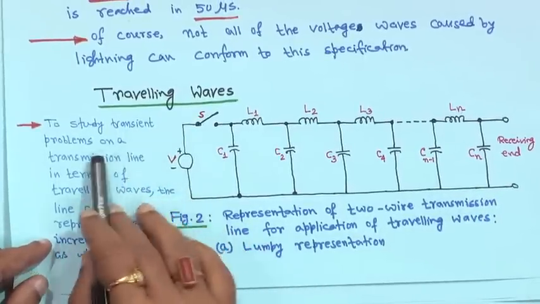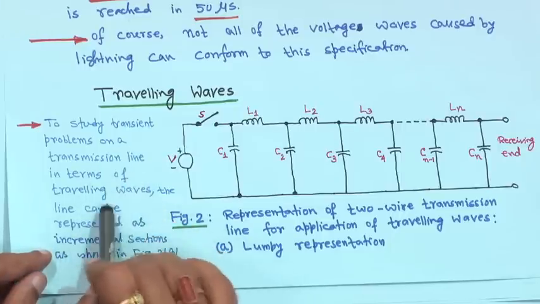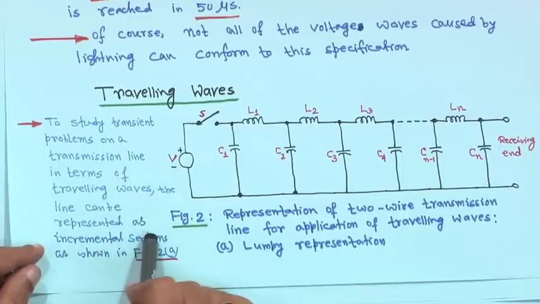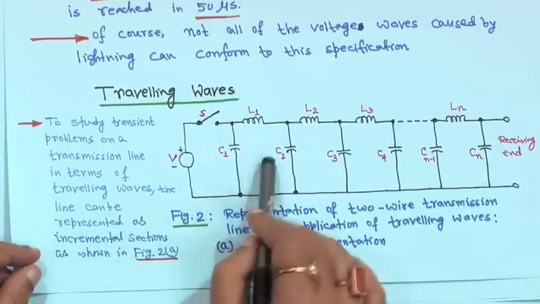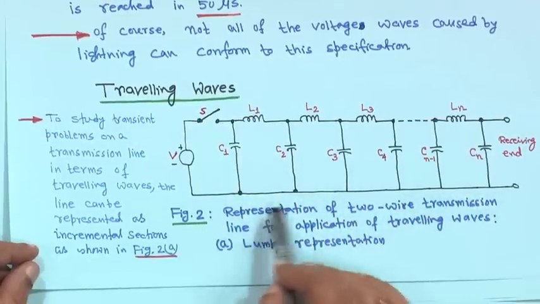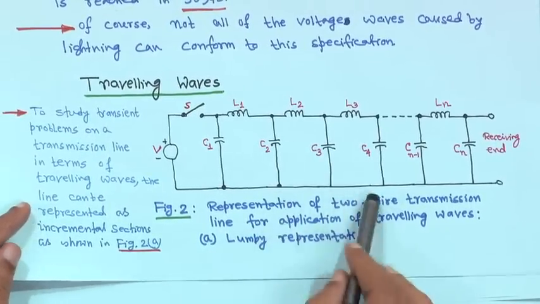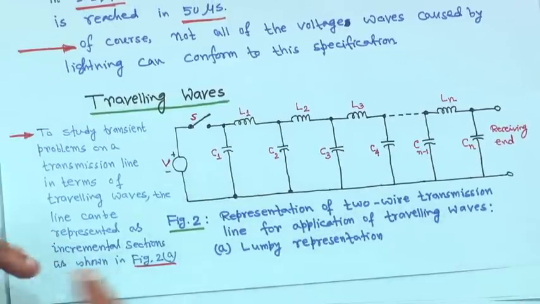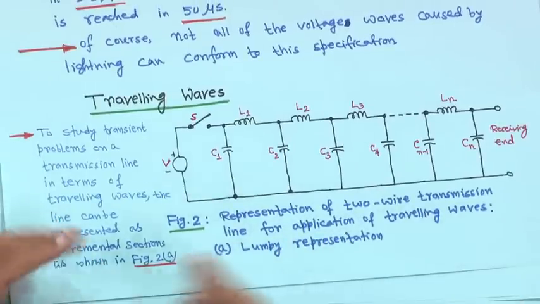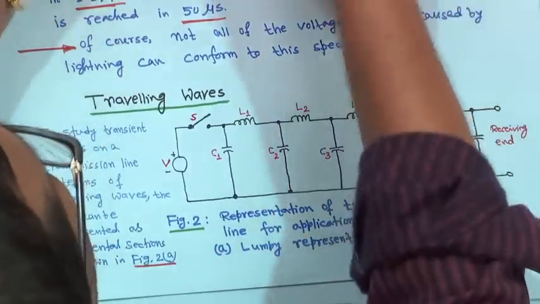Now, to study transient problems on a transmission line in terms of travelling waves, the line can be represented as incremental sections. These are all incremental sections we have taken in figure 2a, right. It is a lumped representation; this is figure 2 and this is A, and B will come later.